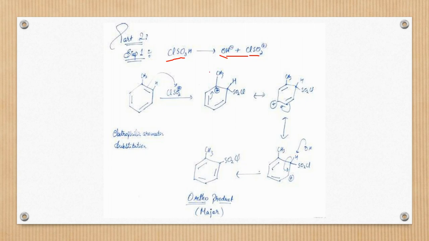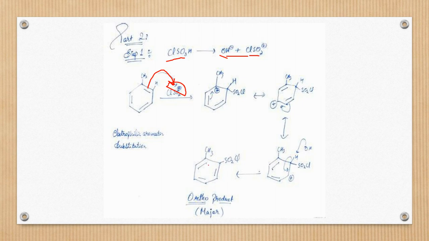This positively charged electrophilic species is getting trapped by the toluene molecule, and similarly to the intermediate forming in electrophilic aromatic substitution, here also these kinds of complexes, the resonance structures of this molecule, are now getting formed. Here the ortho product is getting formed in major quantity.